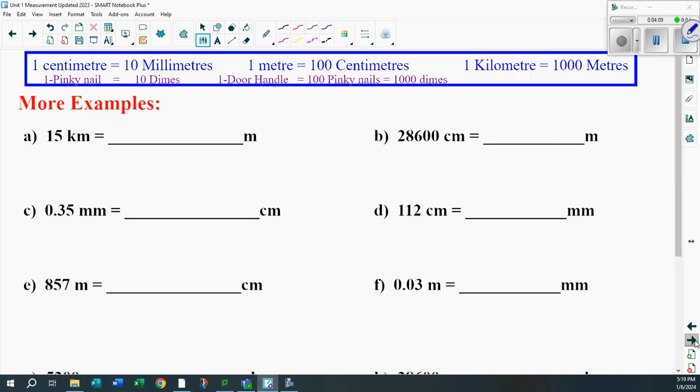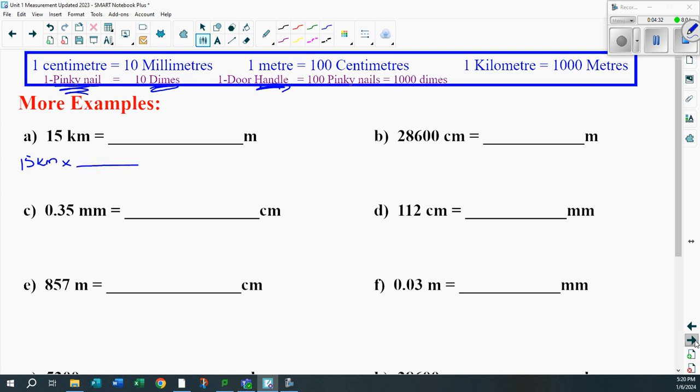So guess what? I got a bunch of questions here. Let's do them. Ready? And I even put out these wonderful little references to remind you. Remember the pinky nail, the dimes, the door handle, and so on and so on. Ready? So let's convert 15 kilometers into meters. So first thing you're going to do, you're going to go 15 kilometers. Now, you want to get rid of kilometers.